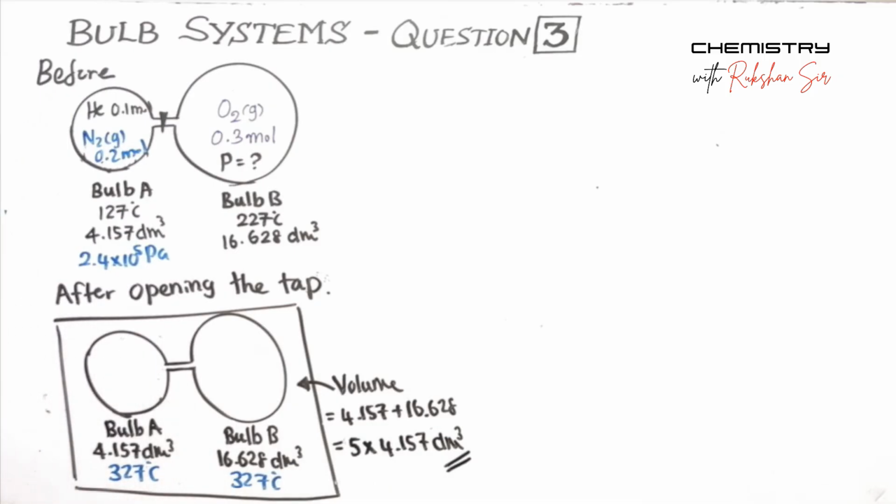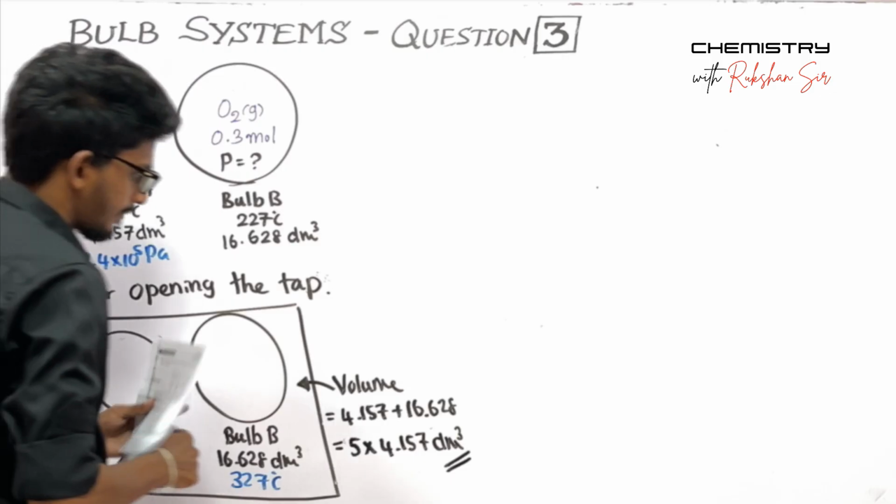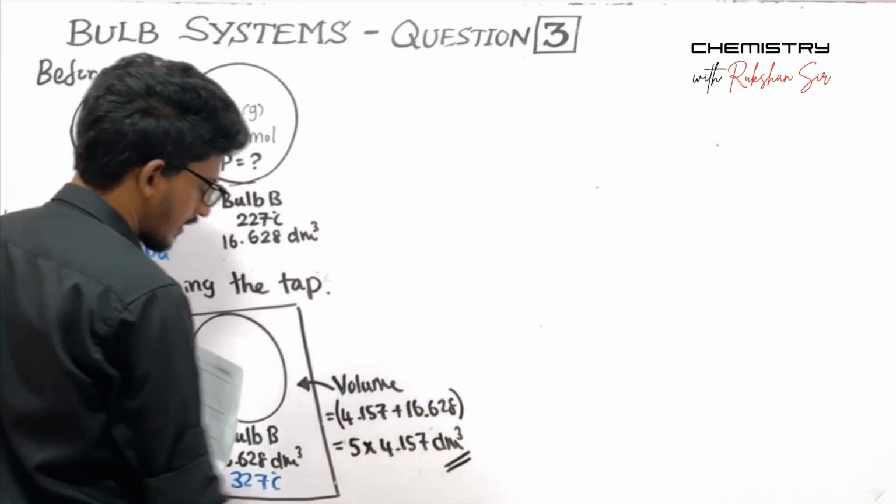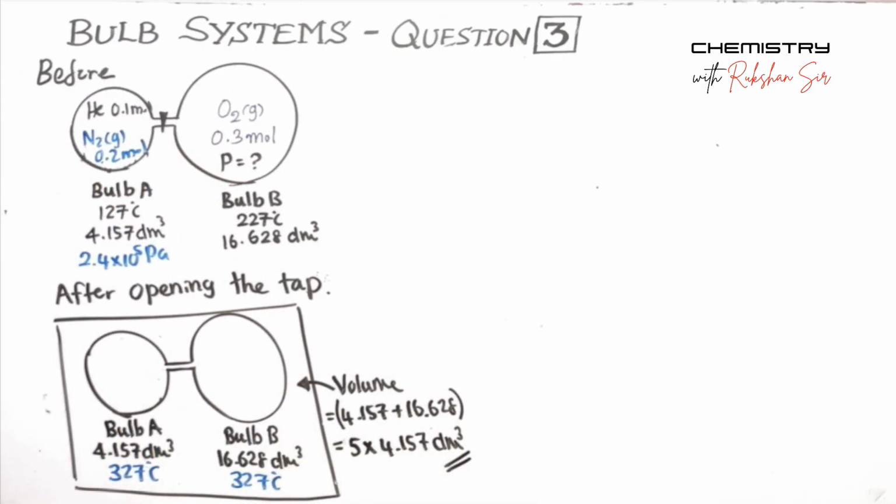You can take the whole system as one compartment. Both are at the same temperature, so no need to apply the stuff separately. So one compartment is appearing.